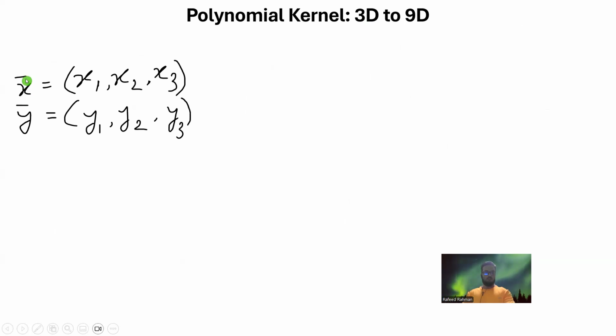Let me now give you an example of a polynomial kernel which takes a 3D feature sample to 9 dimensions. So suppose we have these two samples here, x bar and y bar. x bar has x1, x2, x3, these three features, and y bar has y1, y2, y3, these three features.